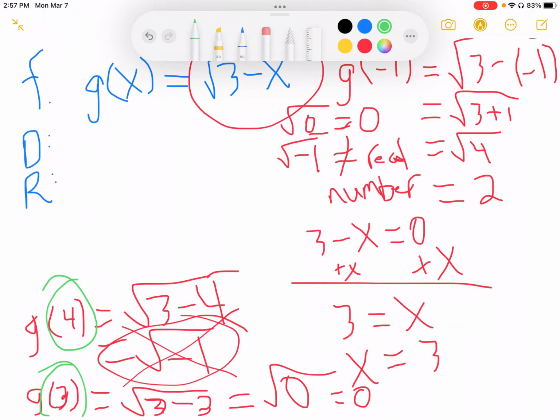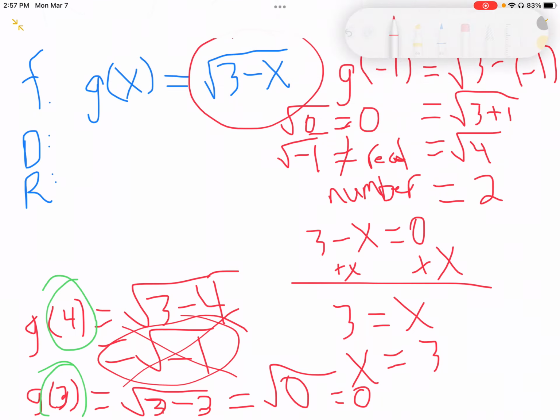So then if we're going to go back and state our domain and our range here, domain again is our x values, right? Then we'd say that our x values have to be less than 3, but not only less than, we could say that they could be equal to 3, because that's what happened down here in our value here.